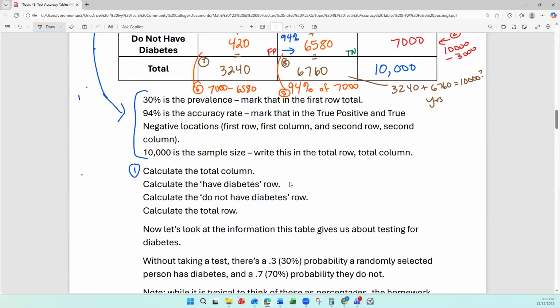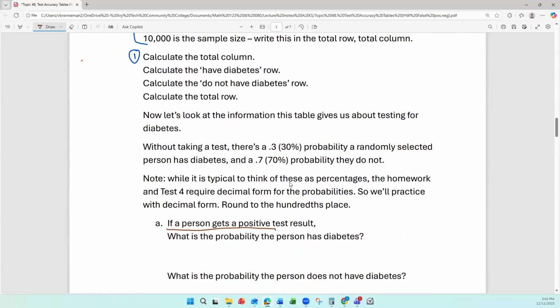So we're looking at just that first row, the 2,820, 420, and the 3,240. So these are the positive test results. 2,820 of those have diabetes, 420 do not. So this is out of 3,240, and the number who have diabetes is the 2,820.